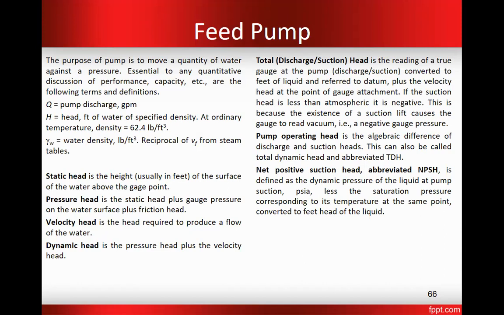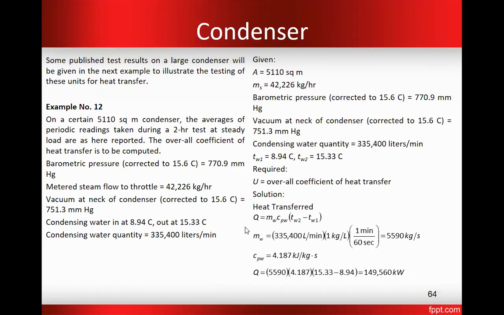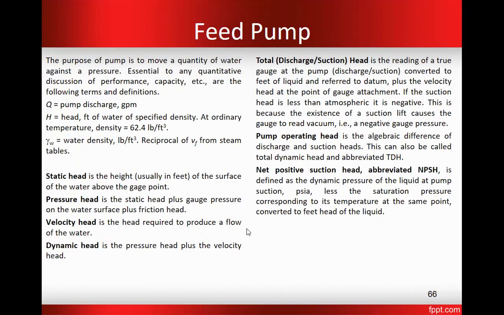At ordinary temperature, density is 62.4 pound per cubic foot. Gamma W is the water density in pounds per cubic foot, reciprocal of the specific volume from the steam table.